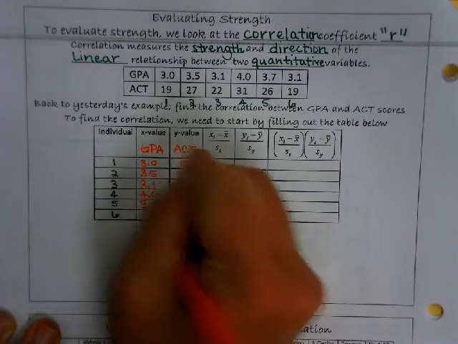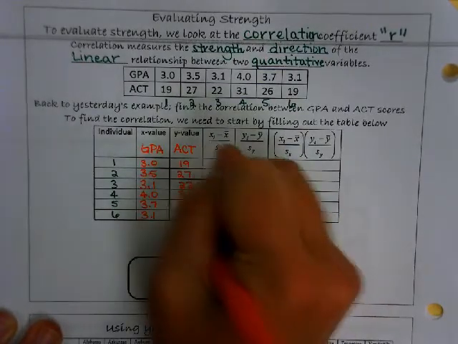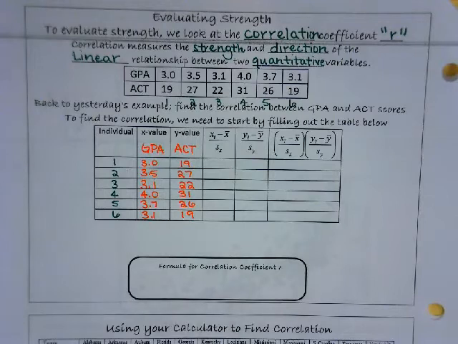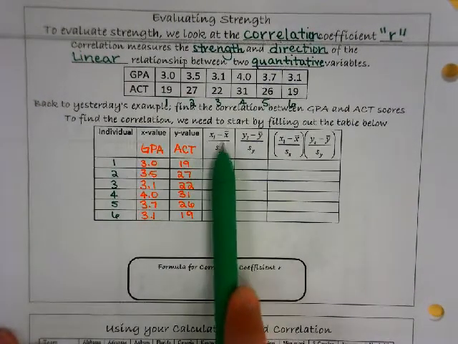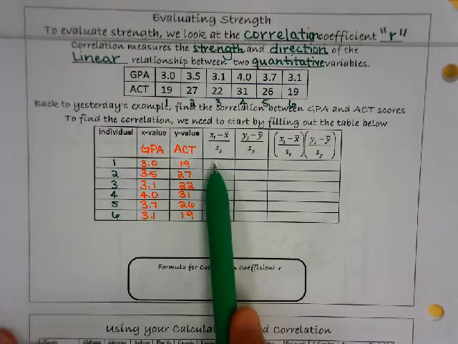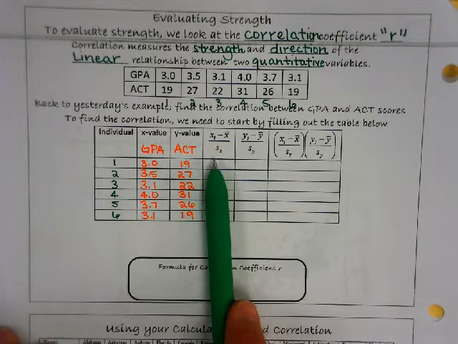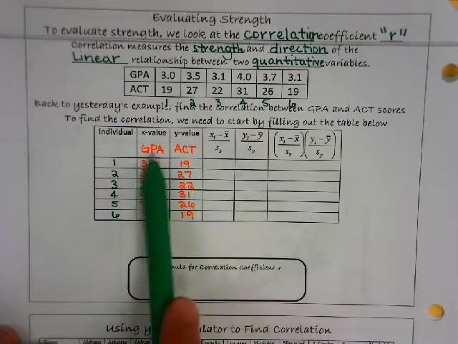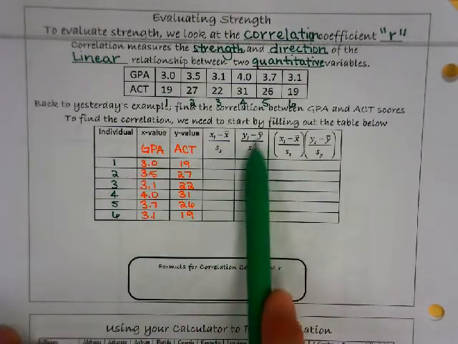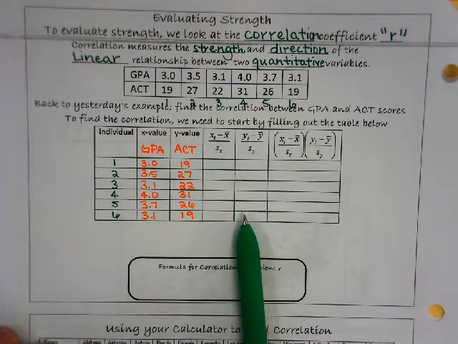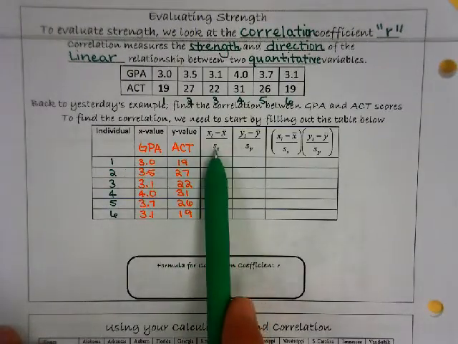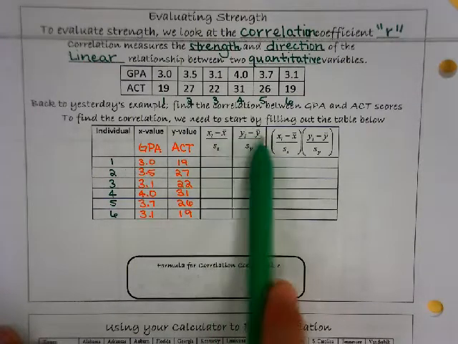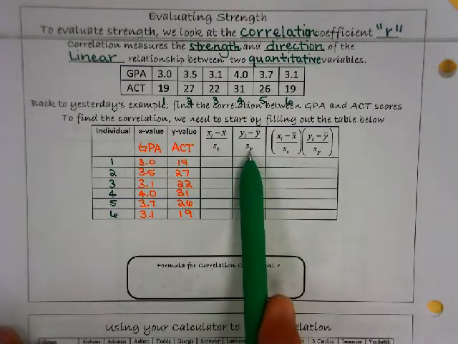Now, we need to find z-scores. What is this formula? It's a z-score. We're going to find the z-scores for all the x's, all the GPAs, and the z-scores for all the ACTs. That means we need to know the average GPA and standard deviation, and the average ACT and standard deviation.